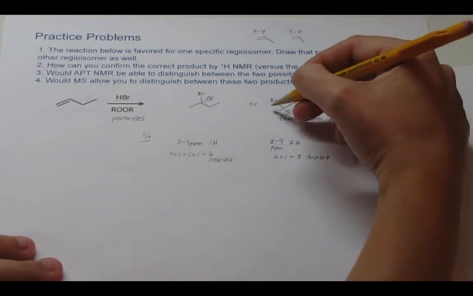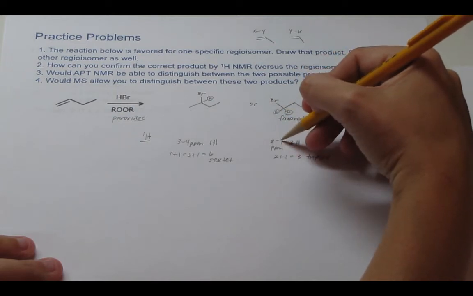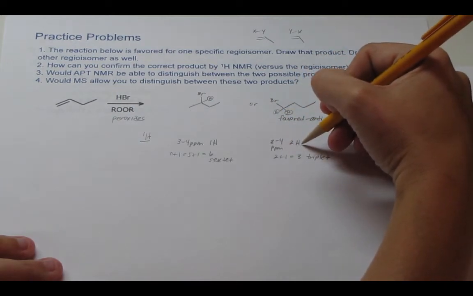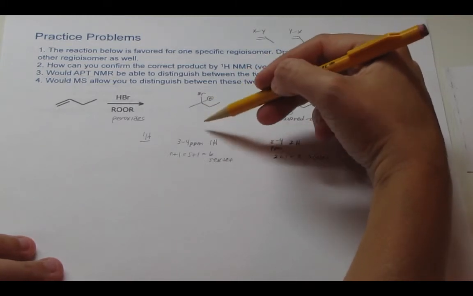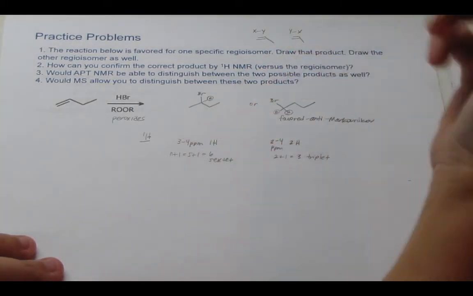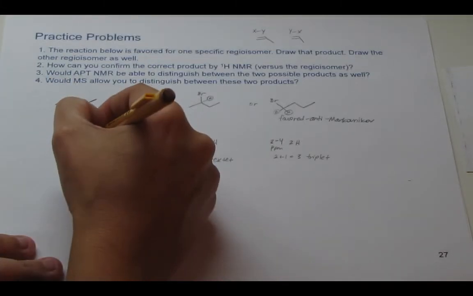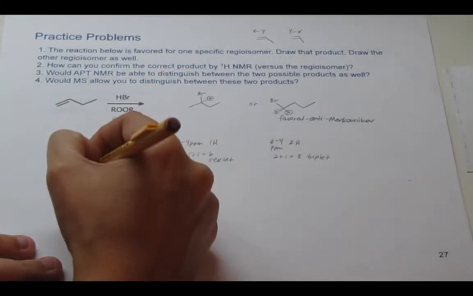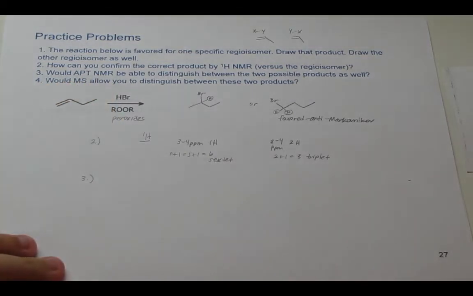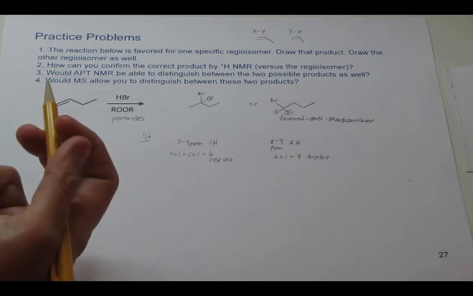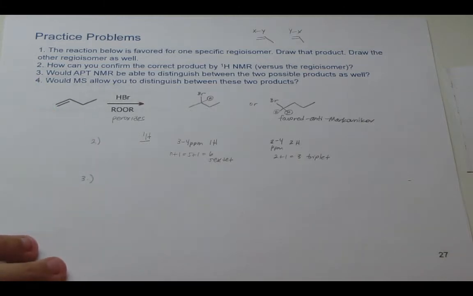And so we would expect to see a triplet between 3 and 4 ppm worth 2 hydrogens. And over here we would see a sextet between 3 and 4 ppm worth 1 H. Okay, so that's number 2. Number 3, how would APT NMR allow us to distinguish these two possible products? Okay, so pause here. Think about that.